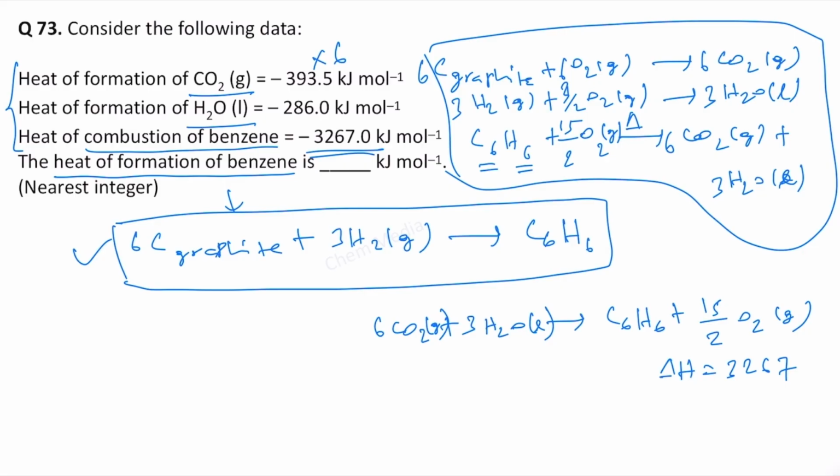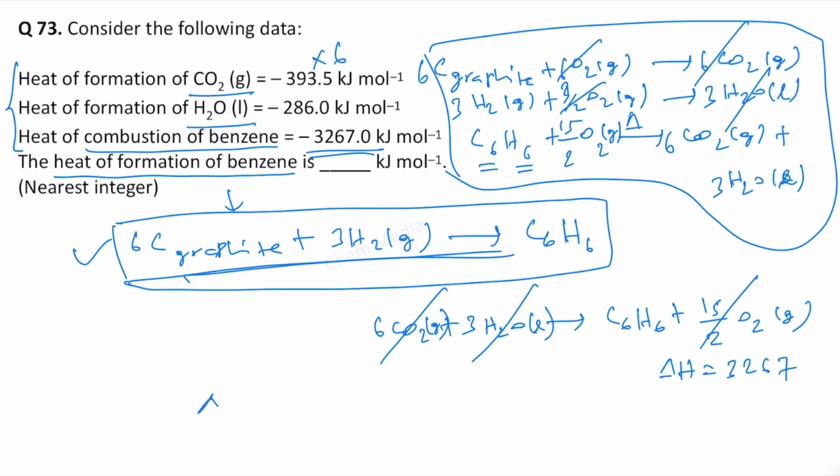So now if we sum up we can cancel the common things. 6 times CO2, 6 times CO2, 3 times water, 3 times water, and then 15 by 2 times O2 we can cancel. 6 times O2 here plus 3 by 2 O2. So together that will be 15 by 2 O2. So now the remaining terms are this one.